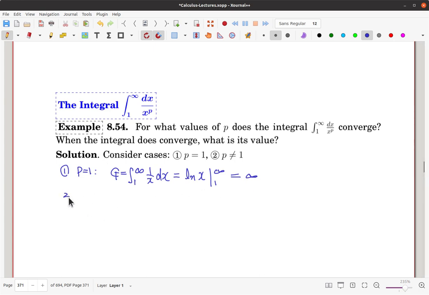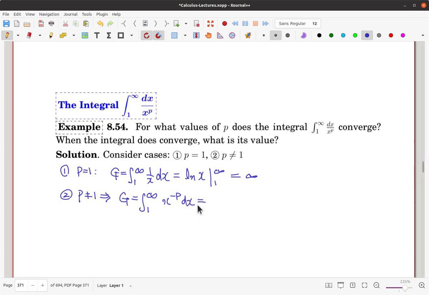Secondly now, when p is not 1, then the given integral is the integral from 1 to infinity, we may write this one in this way, x to the minus p power and dx.